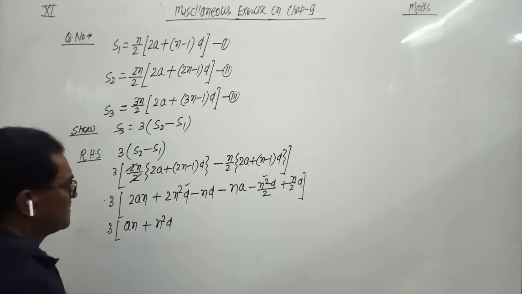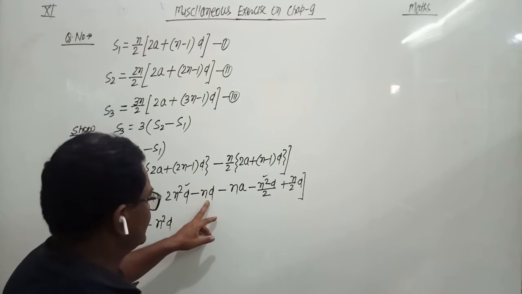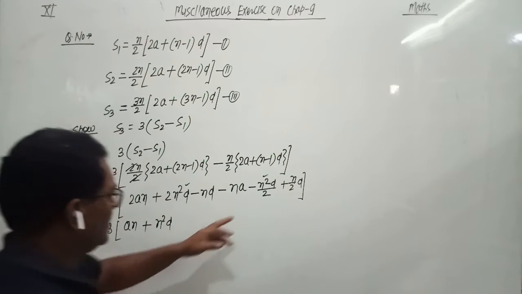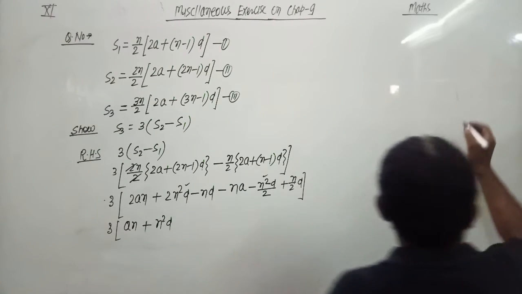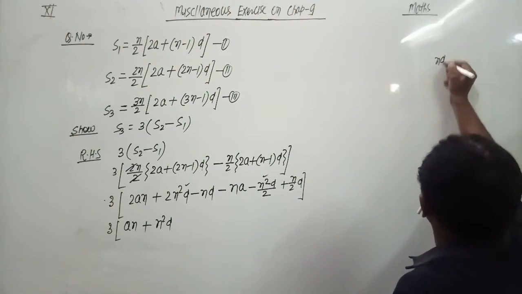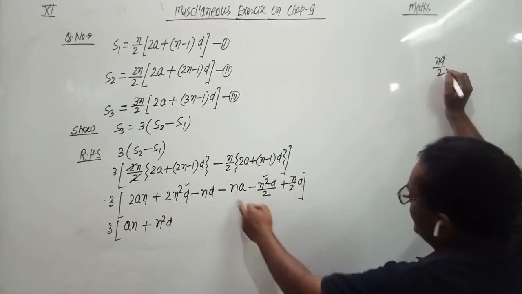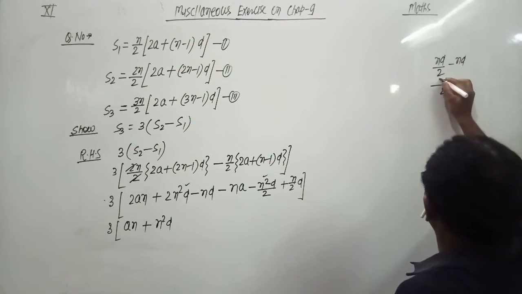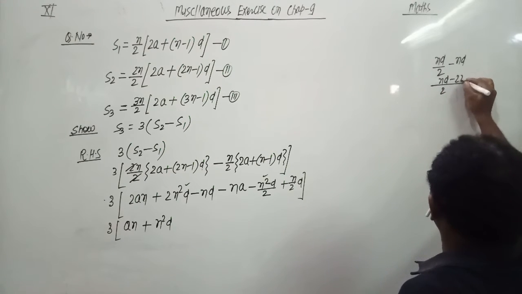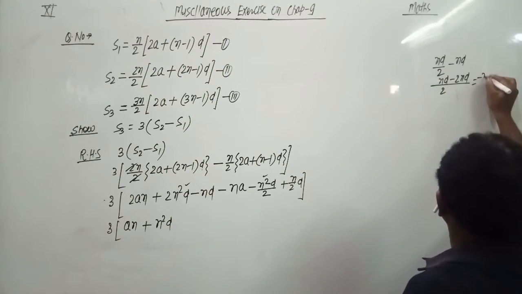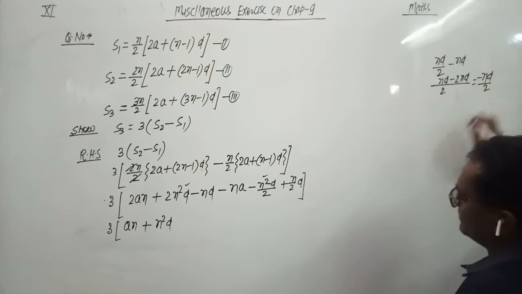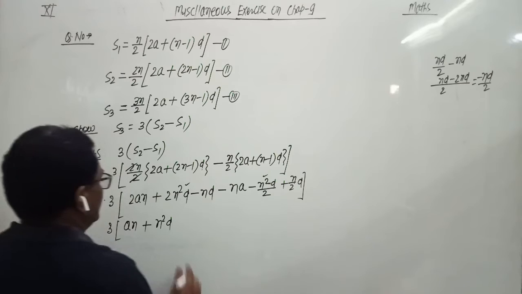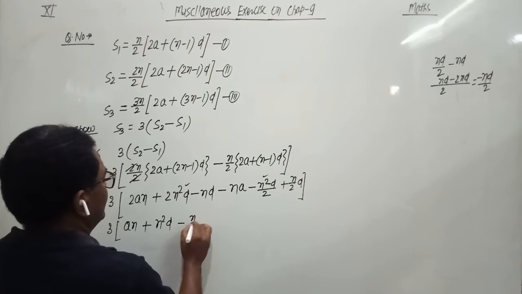Then minus nd and plus nd by 2. By taking LCM, we get nd minus 2nd, that is minus nd by 2. So after solving these two values, we get minus nd by 2.